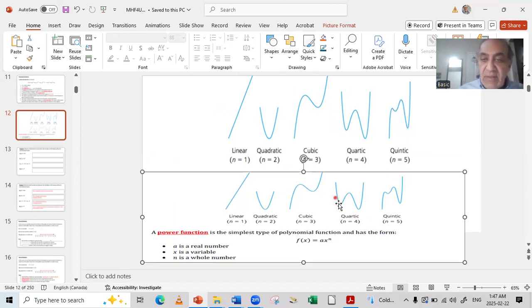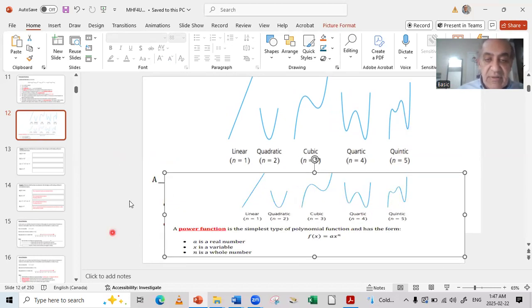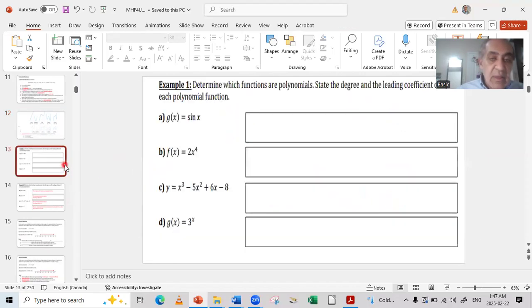Okay. That is for the question that is asking me here, what is a polynomial? We said the polynomial has positive powers, and it can be even or odd, that's okay, but as long as it's positive, that's fine.